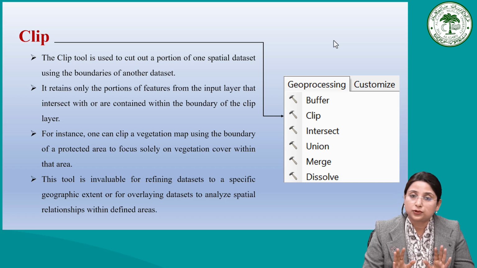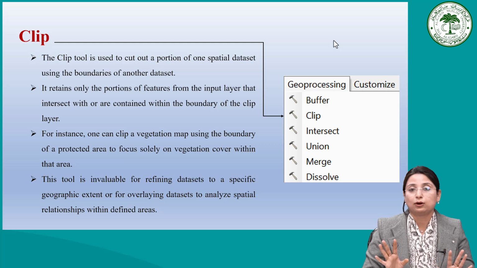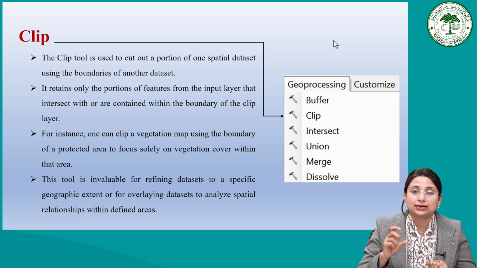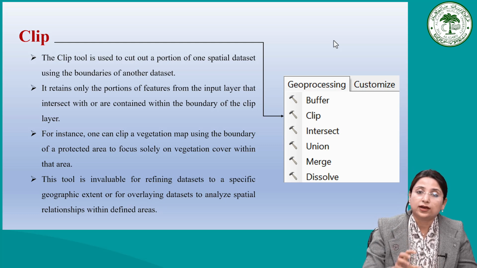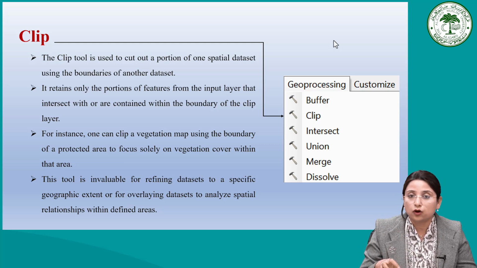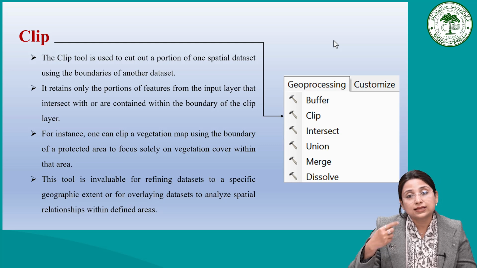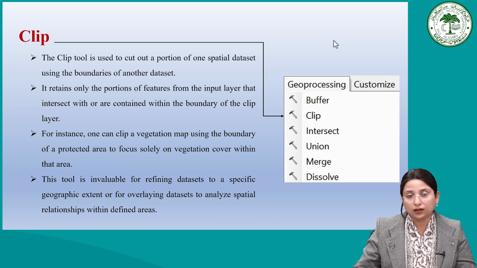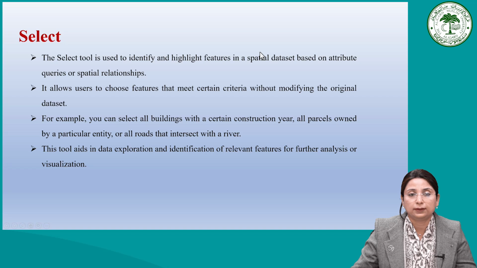So you must now be clear about the clip tool. Clip tool is one of the types of extract tools where we cut a certain portion of a data set from another boundary data set. So this is the main role of the clip tool.